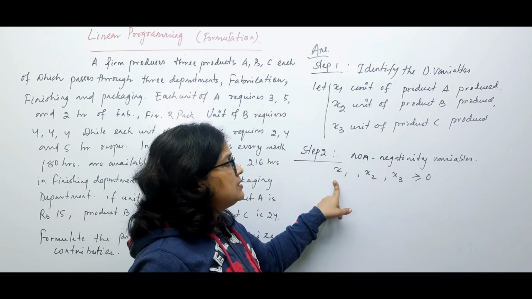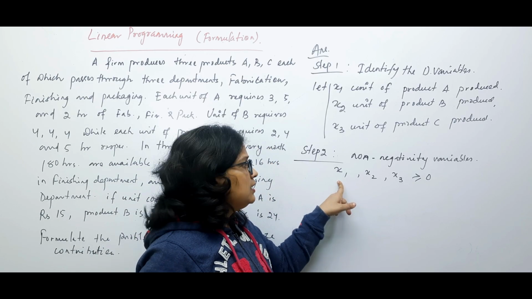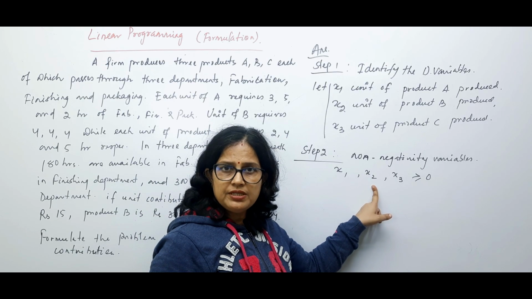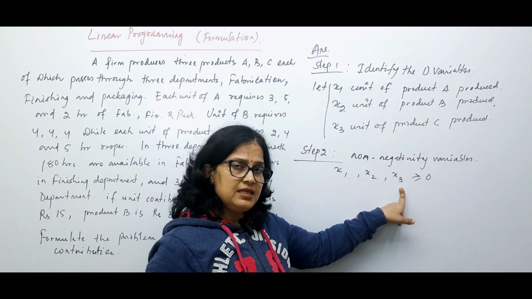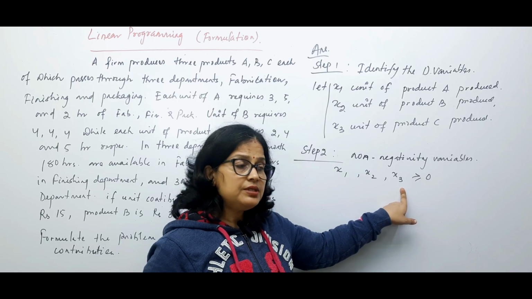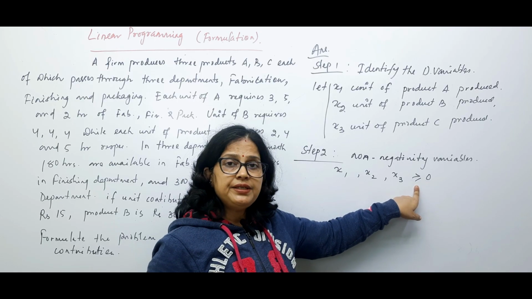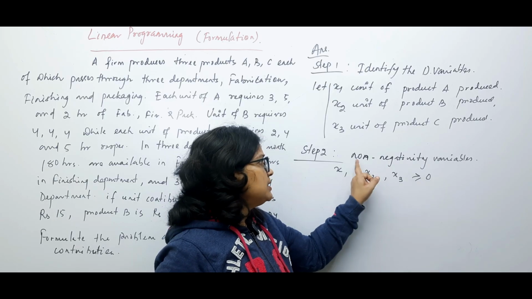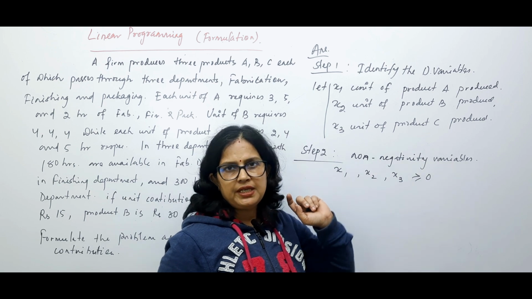This is because we are producing something: x1 units, x2 units and x3 units, so this cannot be negative. This is always greater than or equal to 0. So these are called non-negativity variables.